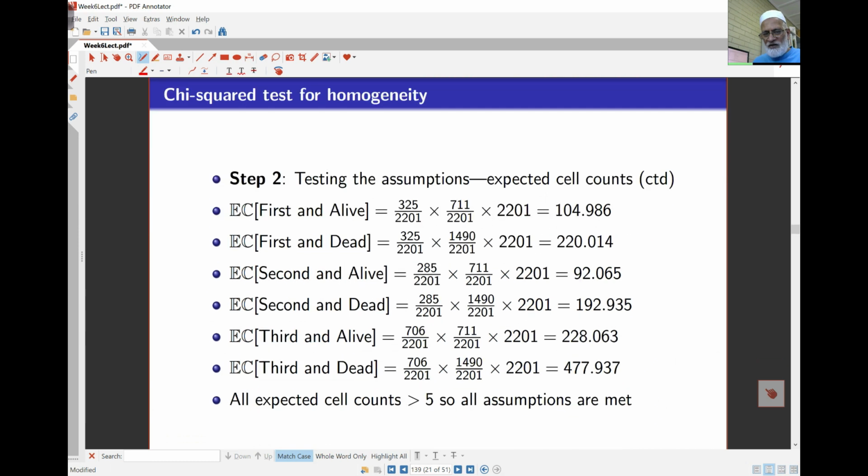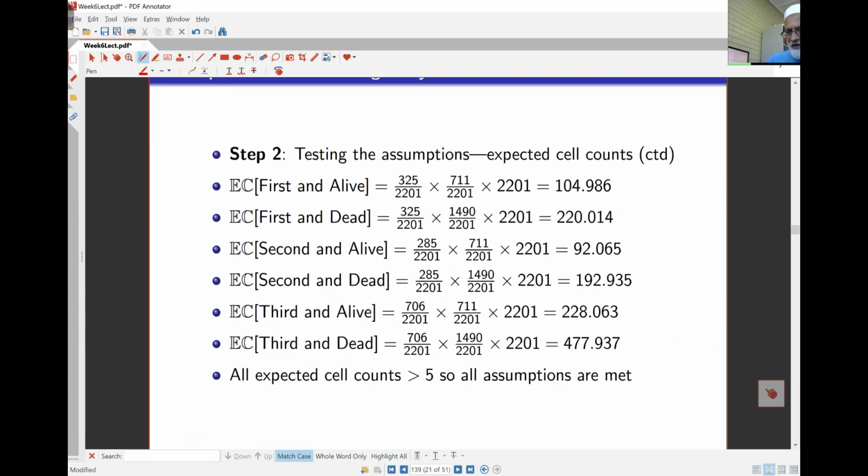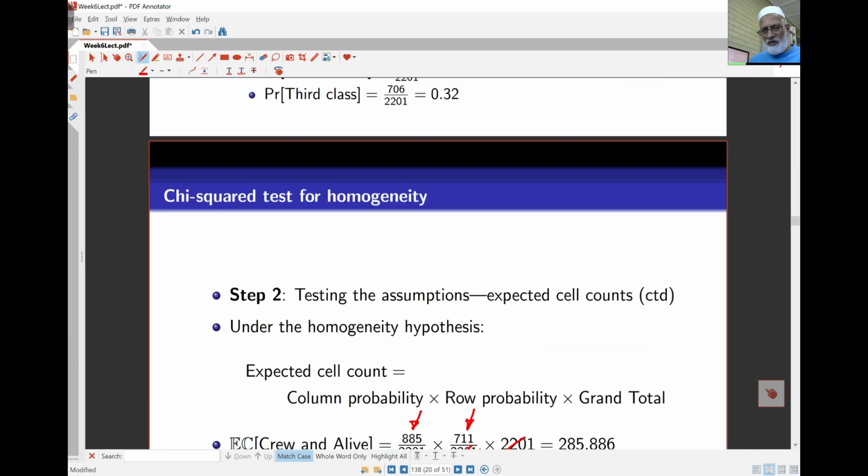So here are the calculations for each of those. Again, I'm just going to knock off these things over here to make the calculations simpler. While I've got probabilities and the independence ideas over there, it essentially becomes the row total for each cell times the column total corresponding to that cell, divided by the grand total. So look at this one here: the expected number in first class and alive.